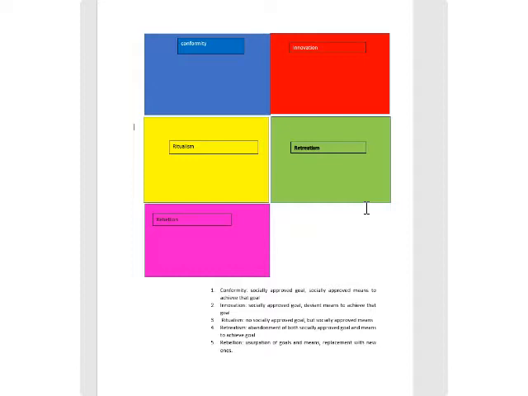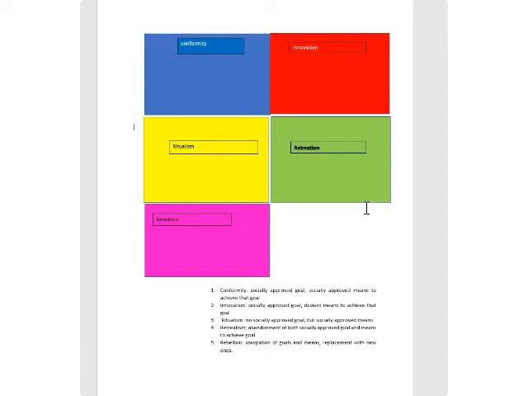To conform, everyone, the goal is, of course, to get $100,000. That's a culturally approved goal. The culturally approved means to get that goal are not infinite, however. We can work or invest money, or inherit the money, or win the lottery. Those are all culturally approved means for attaining the goal, getting $100,000.